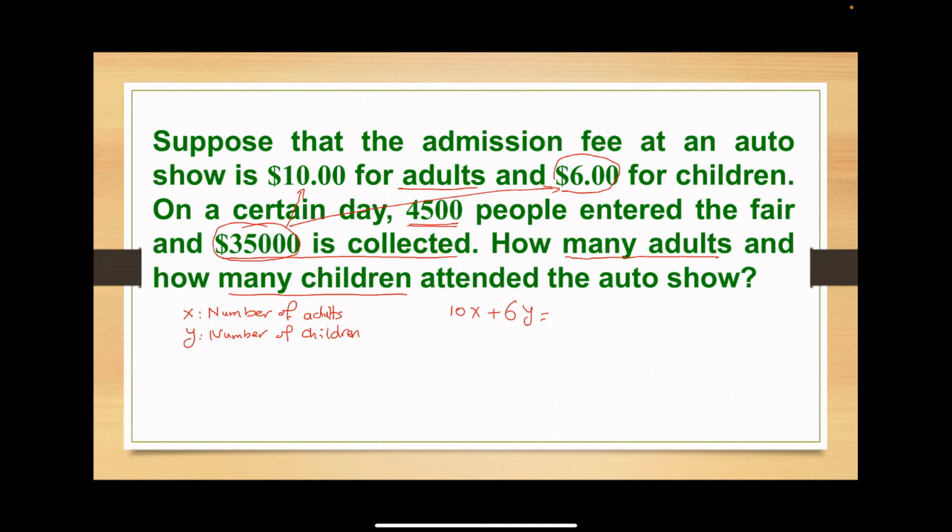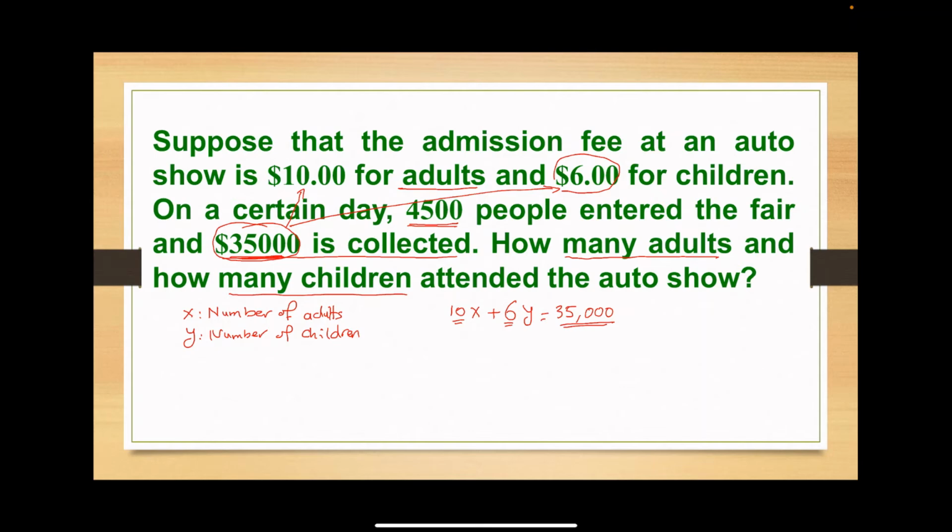If we know the number of adults and children, the total money collected is 35,000. So we have three numbers in this equation: the first one, the second one, and the third one.